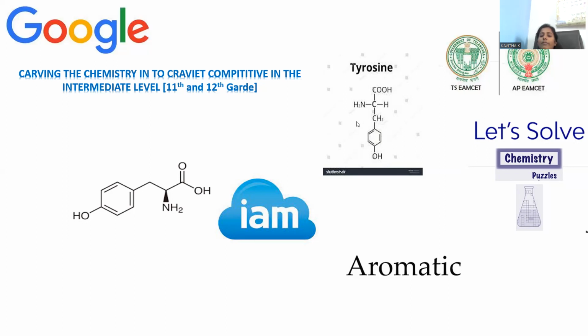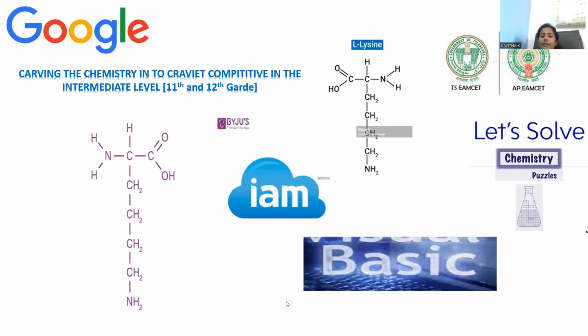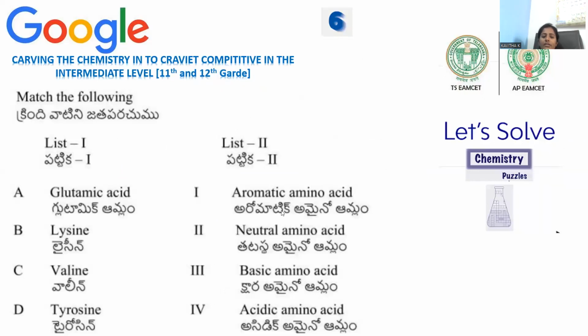Any compound containing benzene is called aromatic in nature. So tyrosine is an aromatic amino acid and can be mapped with 1. Glutamic acid acidic, lysine basic, valine neutral, tyrosine aromatic. This is the way we can map the options in List 1 with List 2.